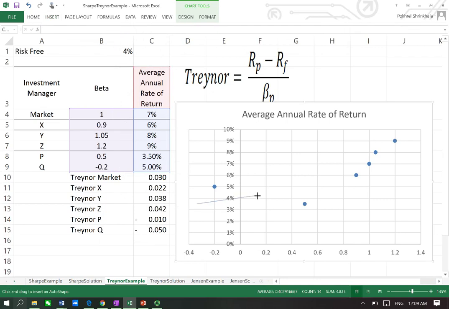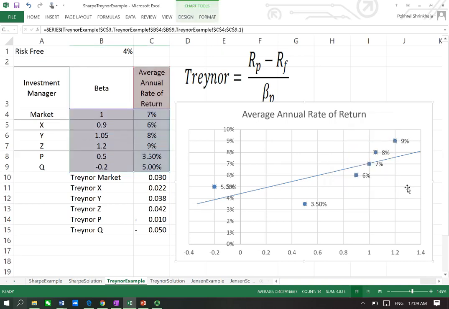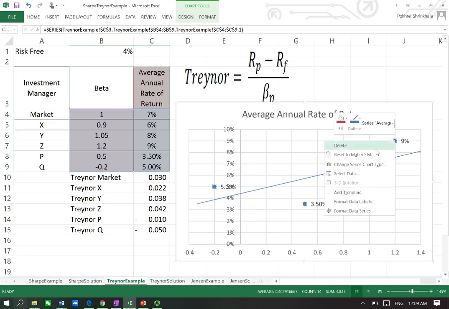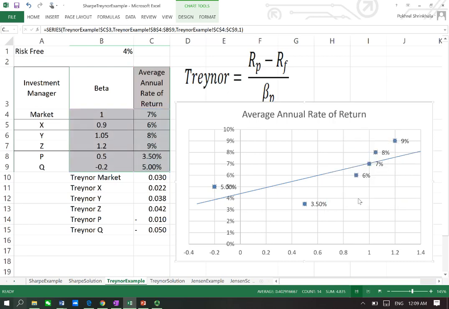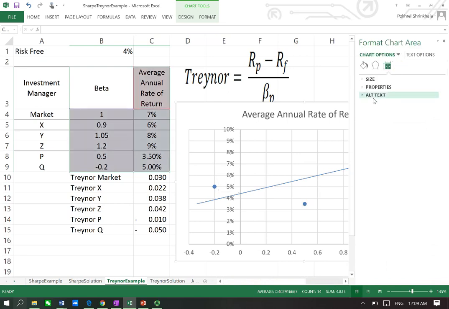So that's 4% takes me to 7, which is here. So remember what we said is above this line they are giving good returns. What is this? So let me put the labels again. Add data labels. Now I'm going to format this, and therefore I don't want the y values, but what happened? So let me do it again.